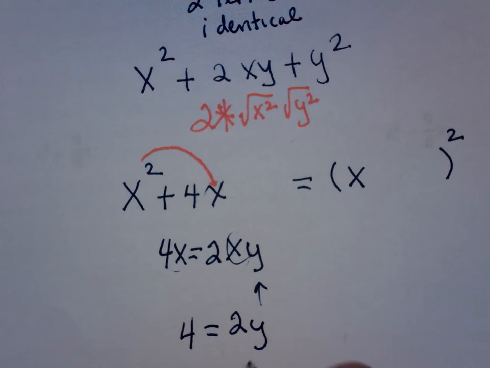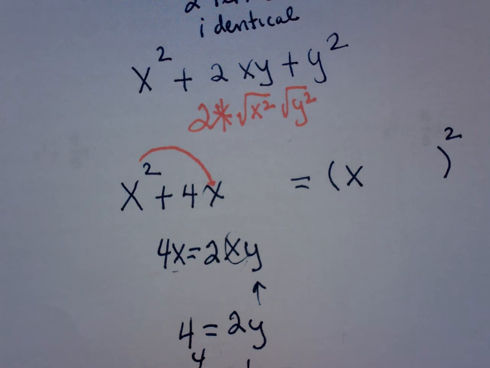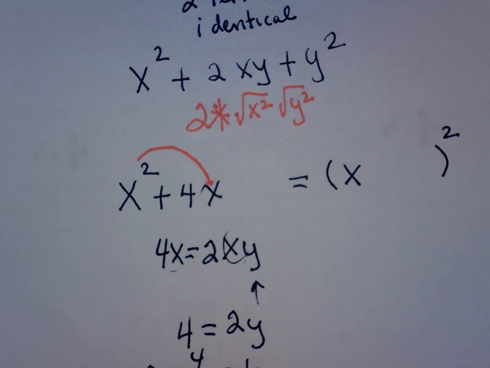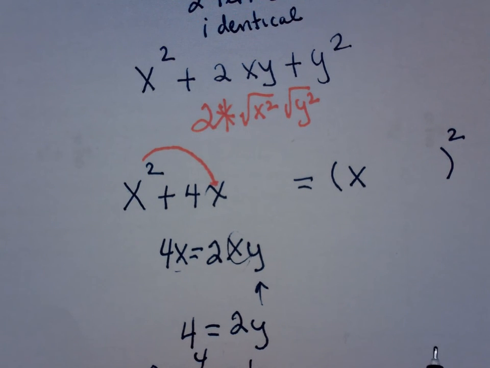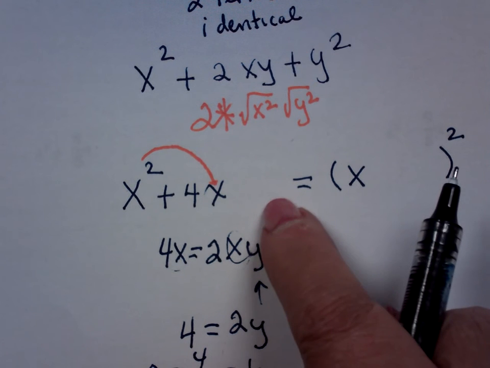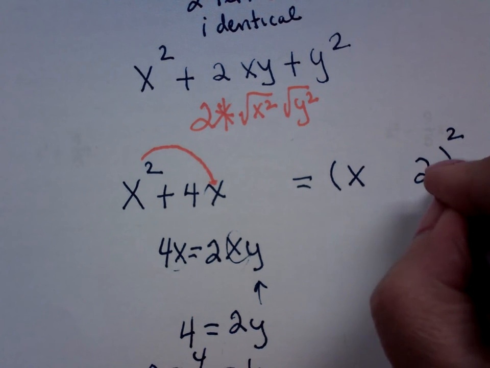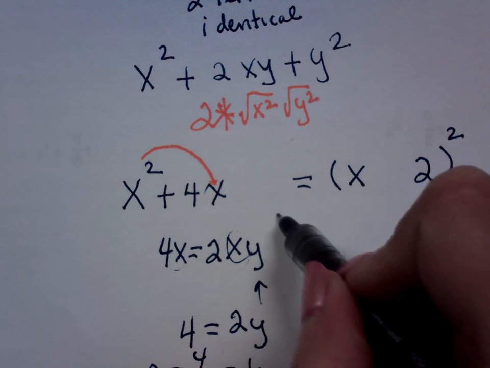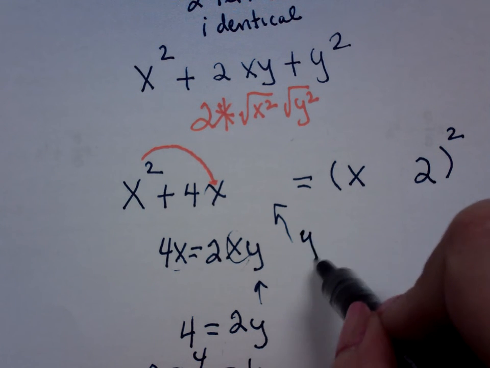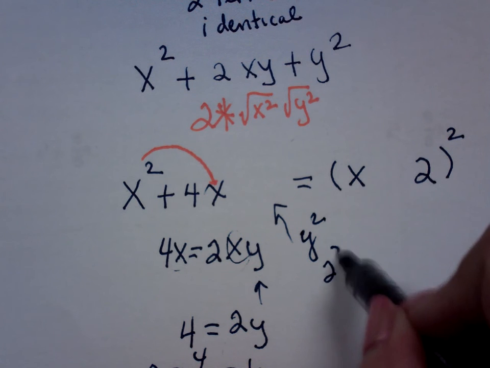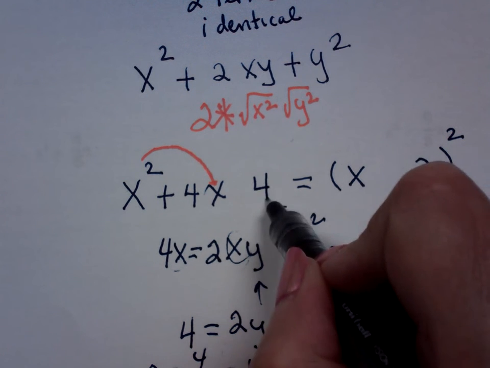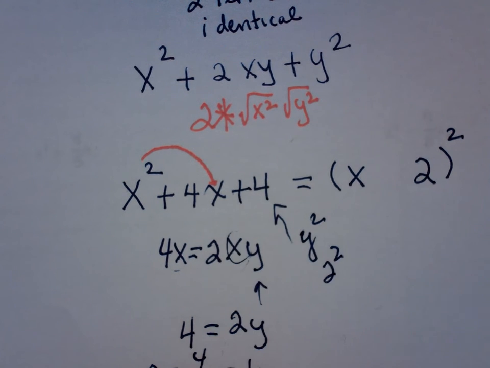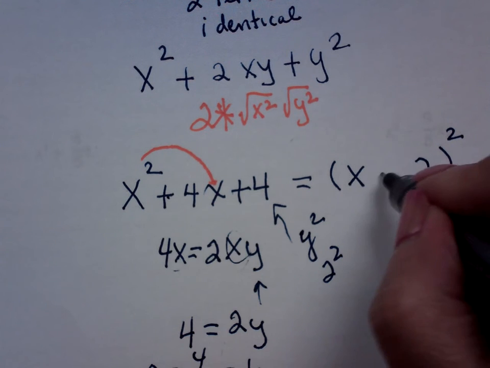So what am I looking for? So y is 2, but what has to go here? So that says what goes here is a 2. So that's easy enough. What goes here is essentially y squared, or 2 squared. And it's always a plus. Here the center sign is plus, so that's going to be plus.